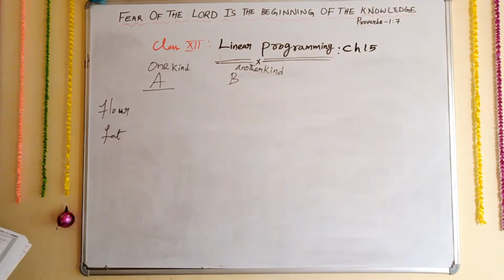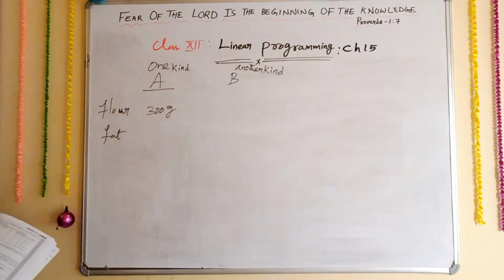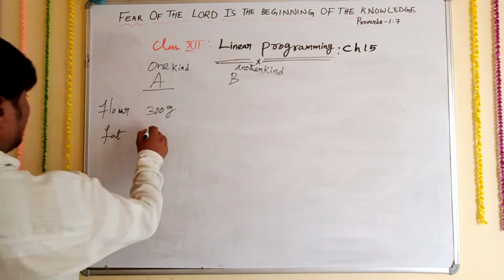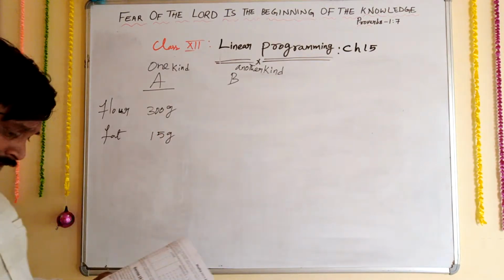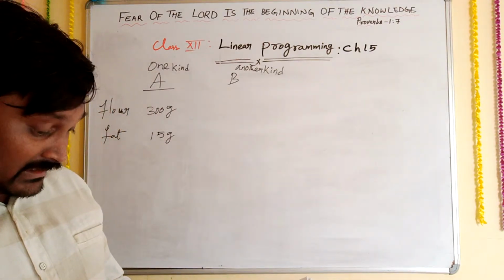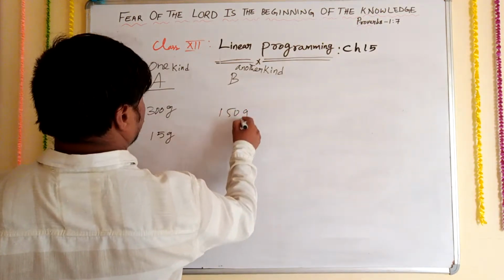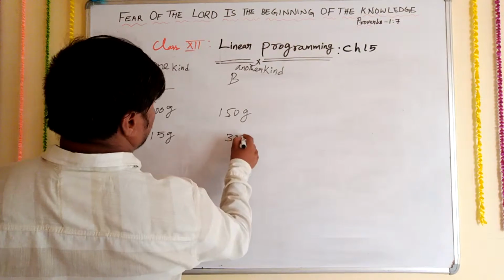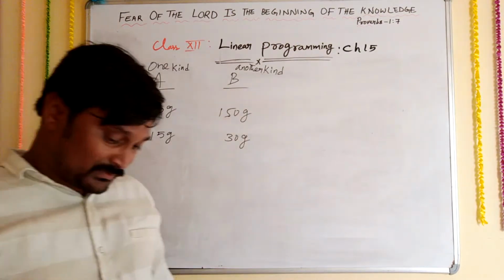So after that, what they given here: 300 grams flour and 15 grams fat. Next, they given for another kind of cake requires 150 grams of flour and 30 grams of fat. So here 150 grams of flour, 30 grams of fat.